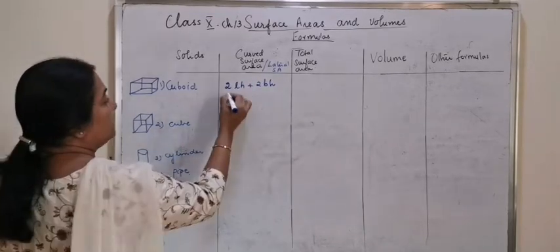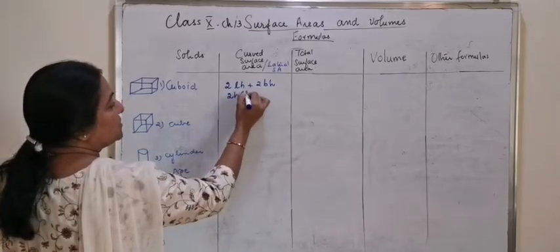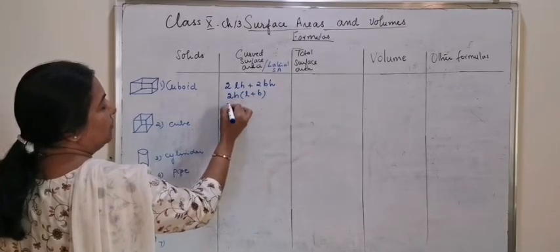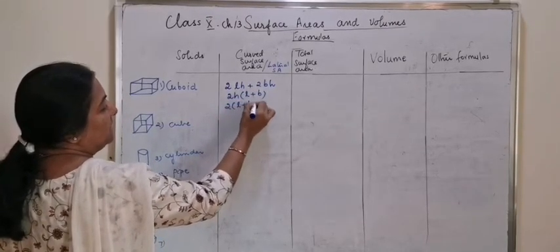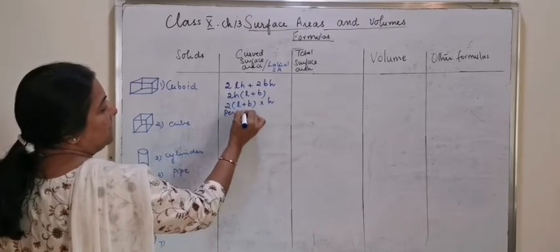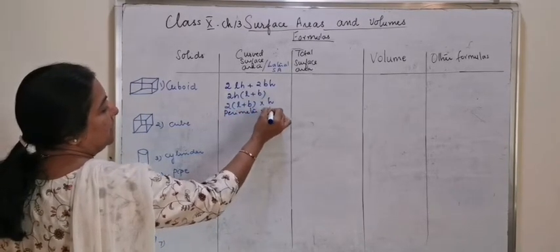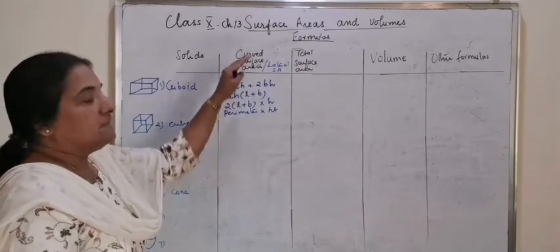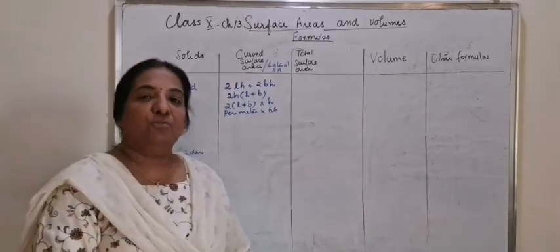When you take the common factor, 2H into (L plus B), or 2 into (L plus B) into H, which gives you perimeter into height. That is the lateral surface area of a cuboid.